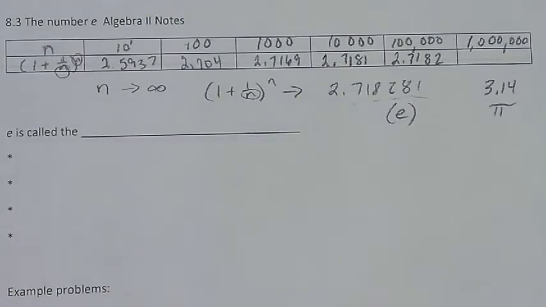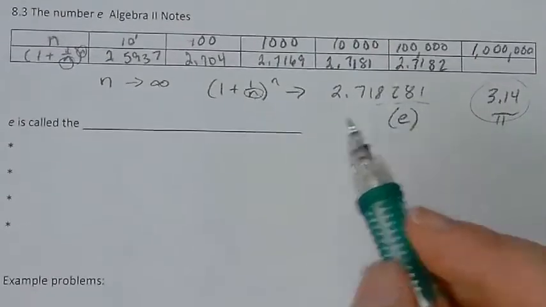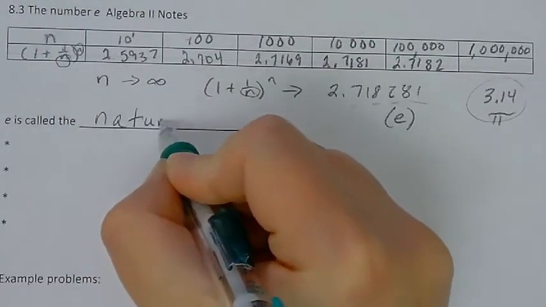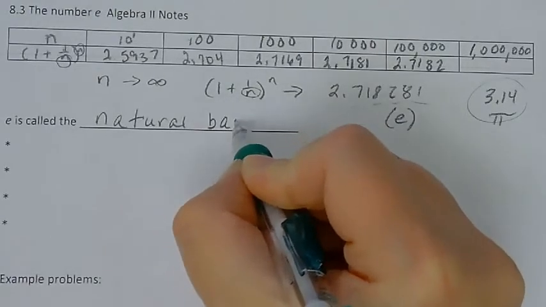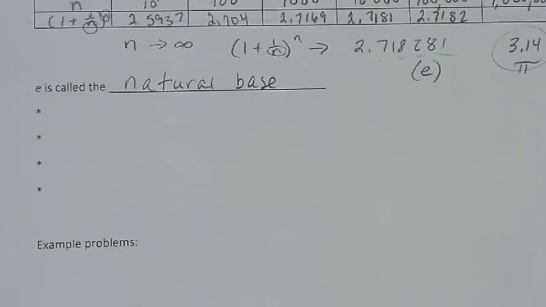So the number of times that we compounded just keeps getting bigger and bigger and bigger. This number, like pi, has a name. It's called the natural base. So when we're talking about exponent problems, the natural base is really our parent function.